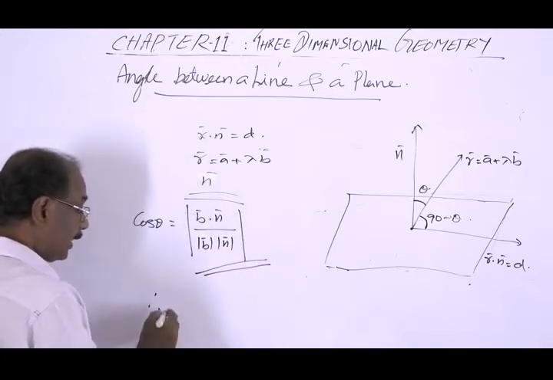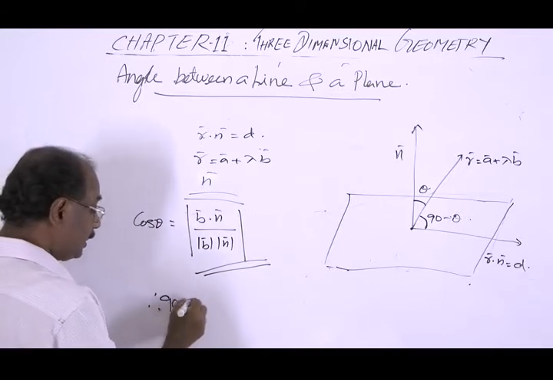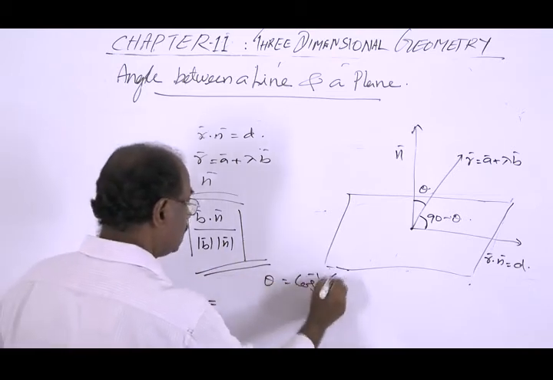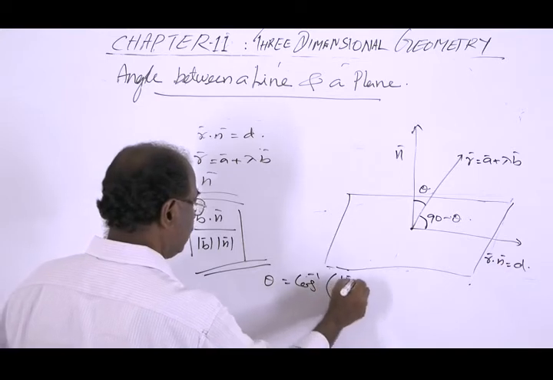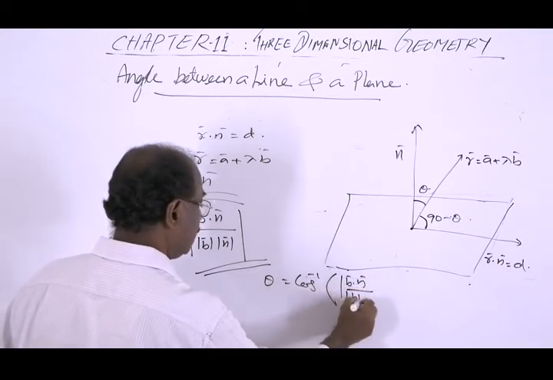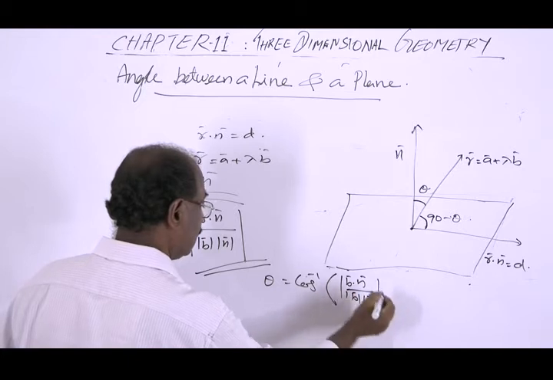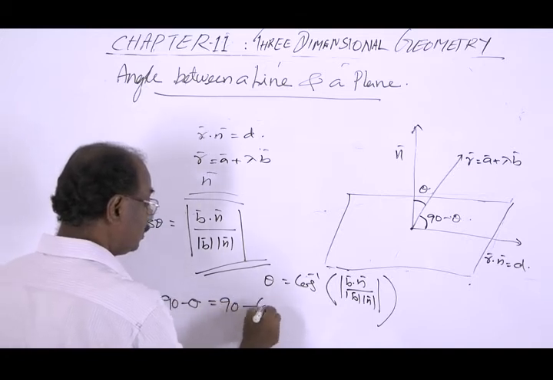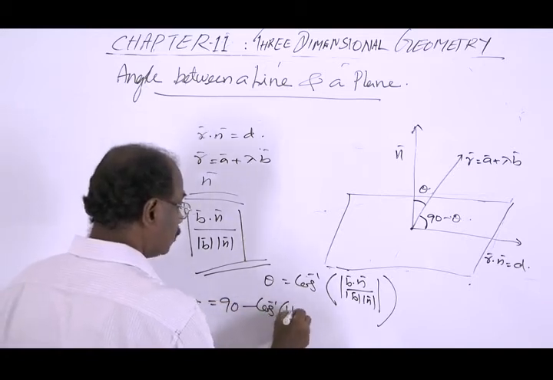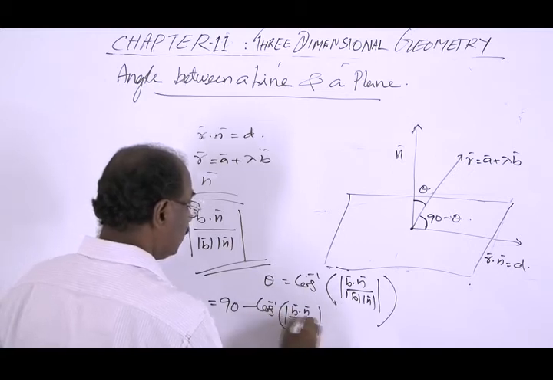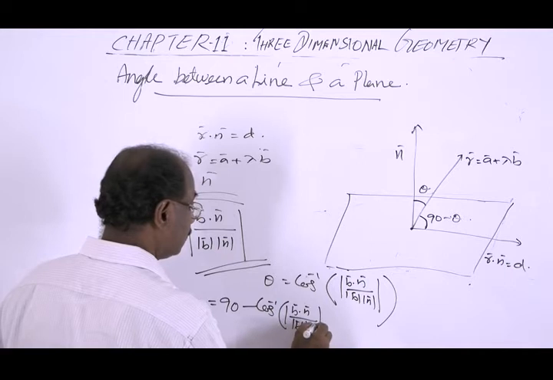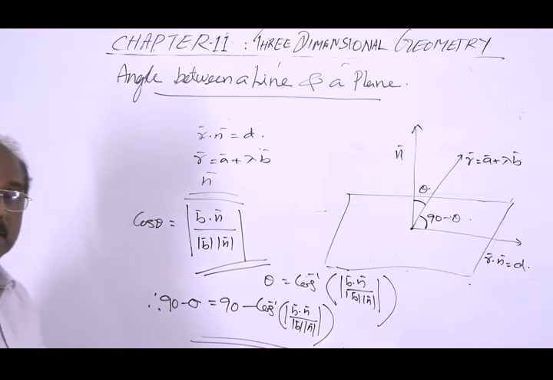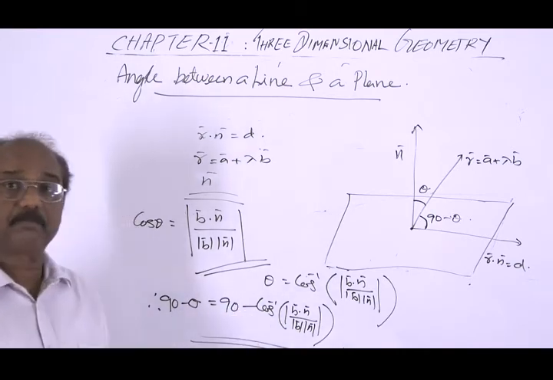Therefore, the required angle is 90 minus theta, and cos theta equal to this means theta is equal to cos inverse modulus of B dot N by modulus of B into modulus of N. So 90 minus theta is equal to 90 minus cos inverse modulus of B dot N divided by modulus of B into modulus of N. So this is the required angle, 90 minus cos inverse this.